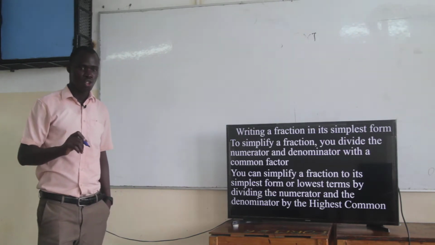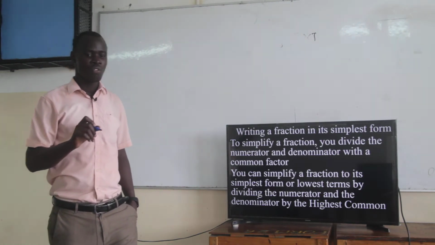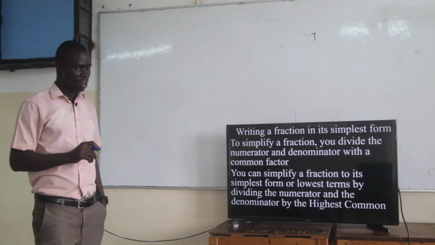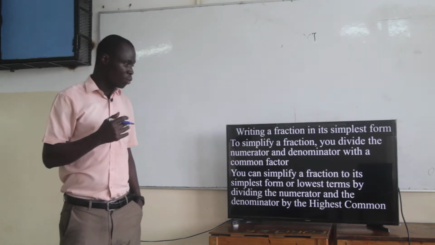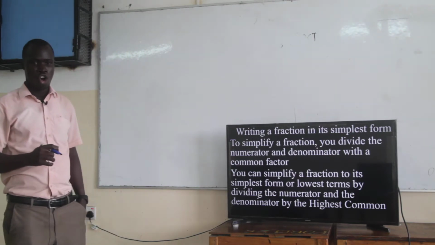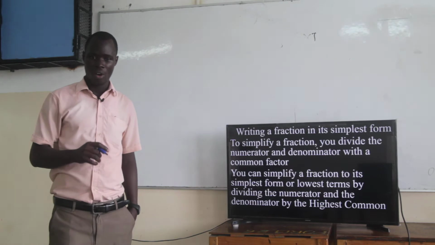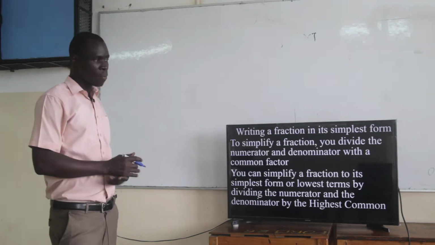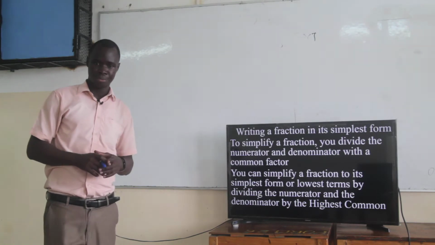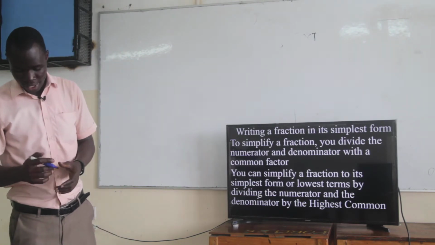Therefore, you have to divide down to the lowest form possible, and this is done by using what we call the highest common factor. You look for the highest common factor between the denominator and the numerator.